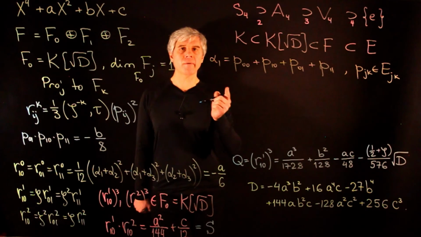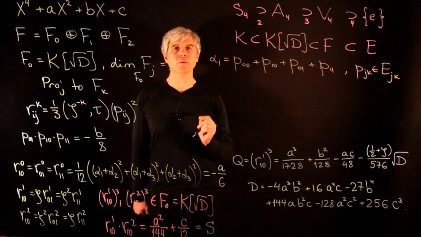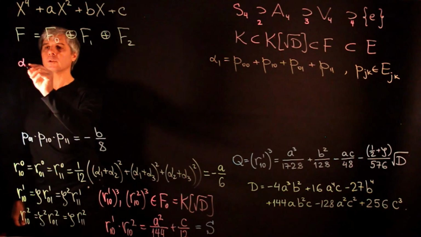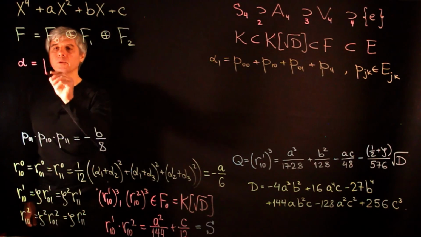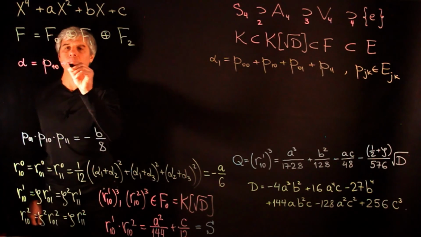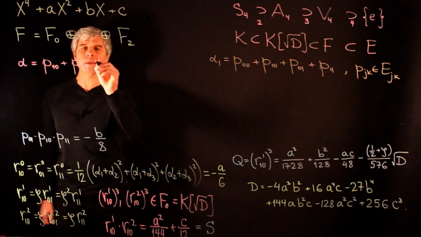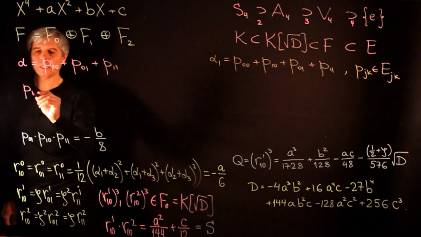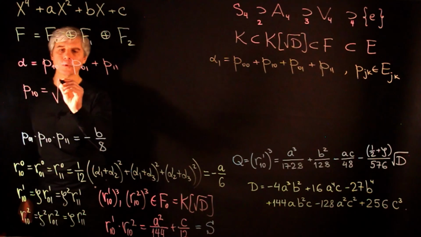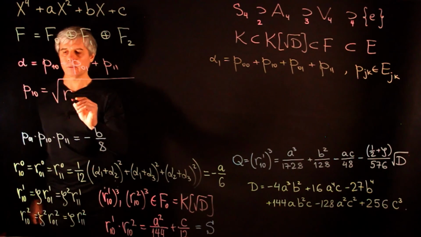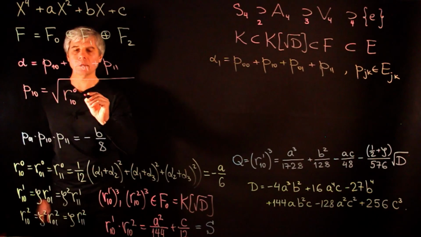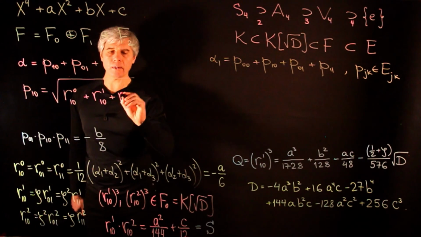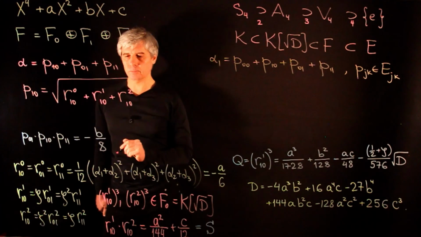Now we can put everything together and get the expression for the roots of the quartic equation. So we get that the root alpha is equal to P10 plus P01 plus P11, where P10 is the square root of R100 plus R101 plus R102.